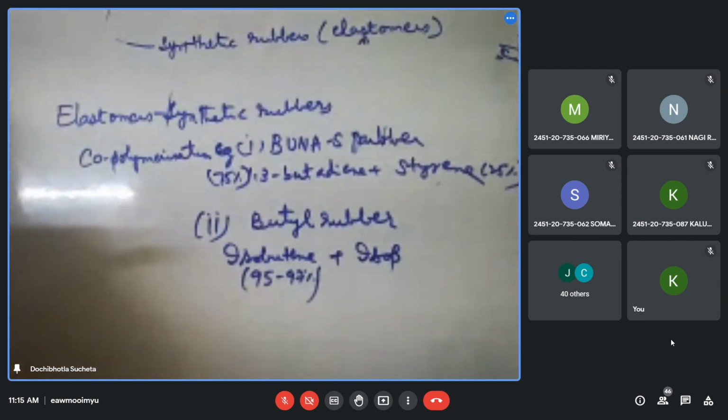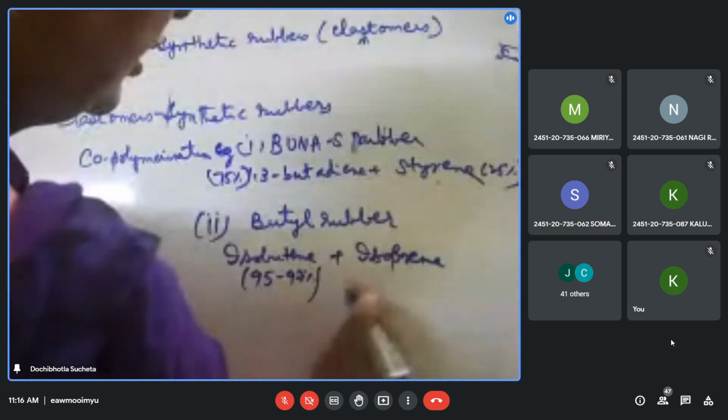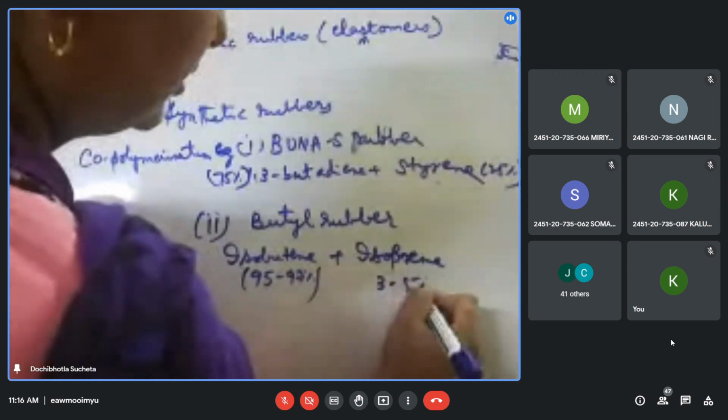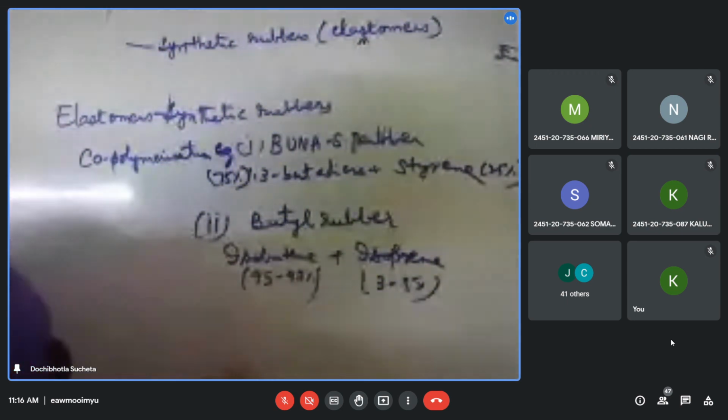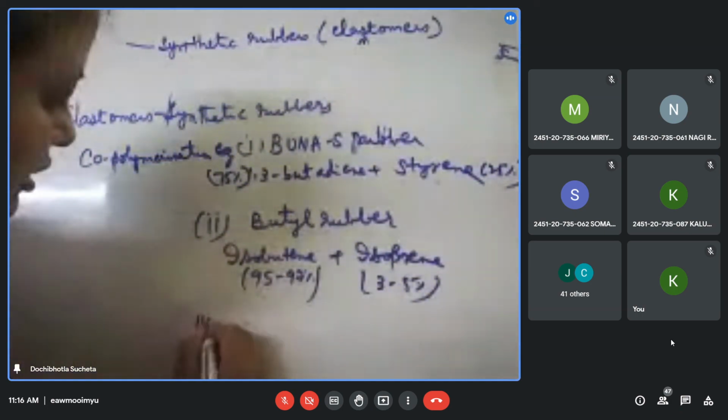Isoprene is 3%, I suppose. Just hold on. I'll give you the percentage clearly. Butyl rubber with small amounts, 1 to 5% isoprene. Yes, 1 to 5% isoprene, that is here also 3 to 5%. Okay, will be isoprene. That's the copolymerization again.